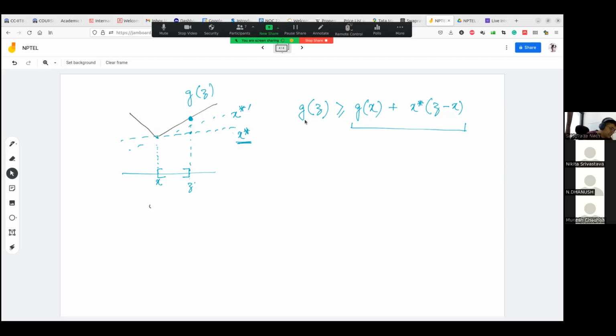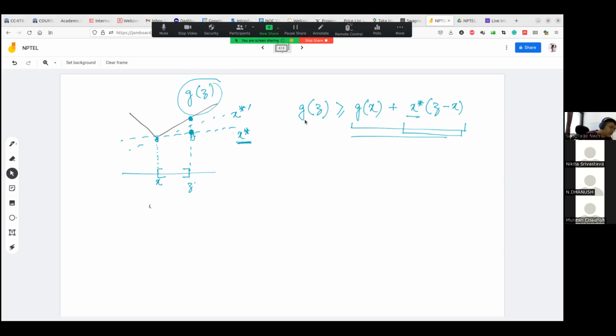So you are taking this x star times z minus x, which is giving you this much amount of height. This height is essentially this part here. And then you are adding that to this g of x value. So you are getting this point. The point is that this g of z should always be lying above this point here. And if it is not true, then x star is not a subgradient.